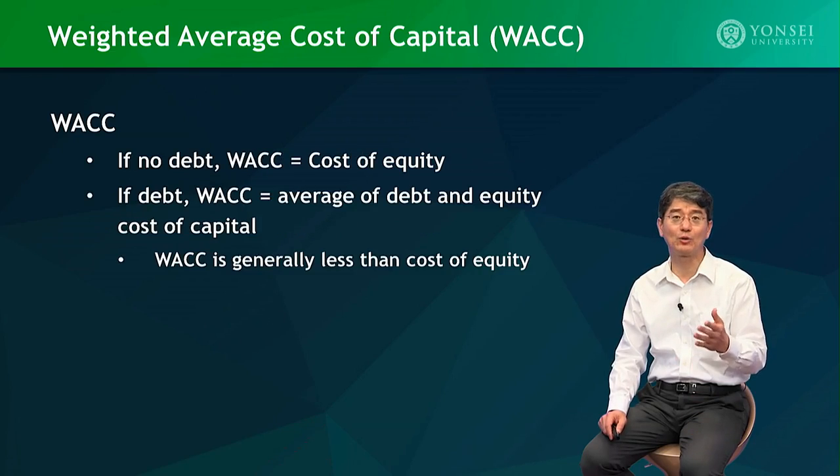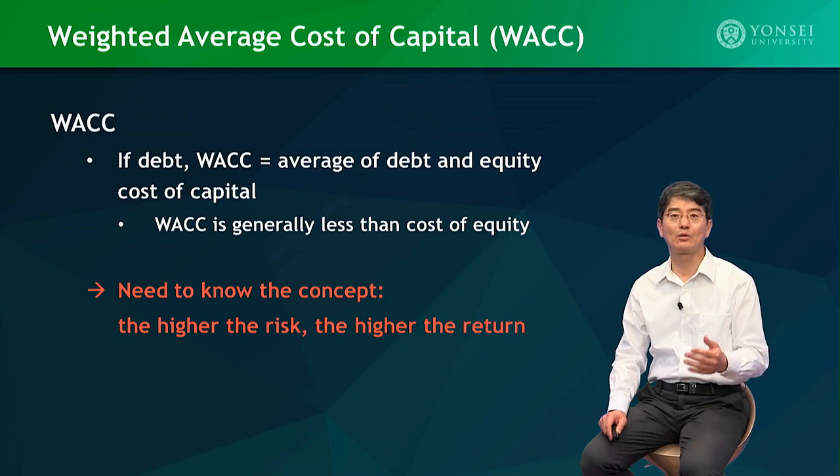If the firm has no debt, then the weighted average cost of capital is equal to the cost of equity. But when a firm has debt, the WACC is an average of the firm's debt and equity cost of capital. In that case, the WACC is generally lower than the cost of equity because the cost of debt is generally lower than the cost of equity.